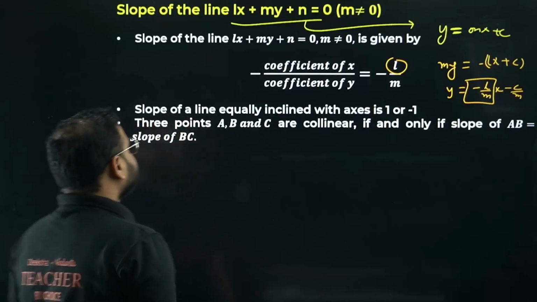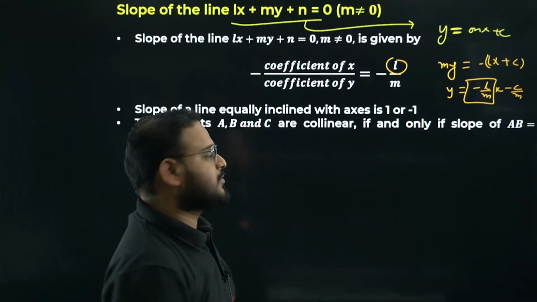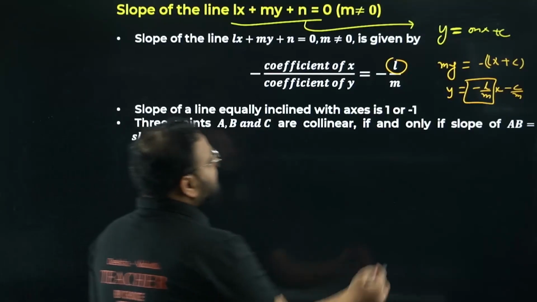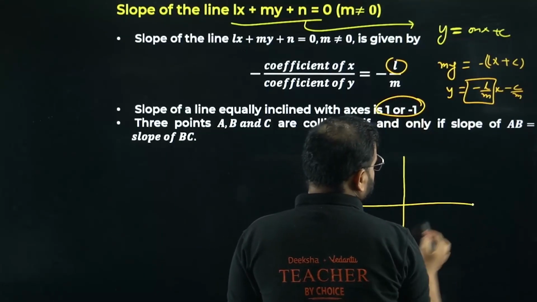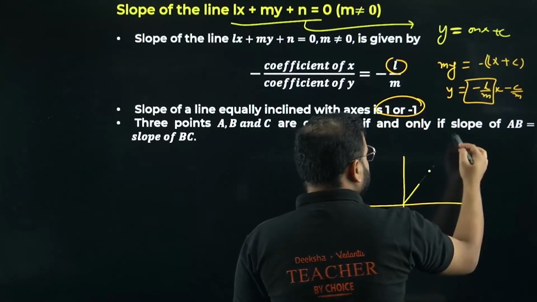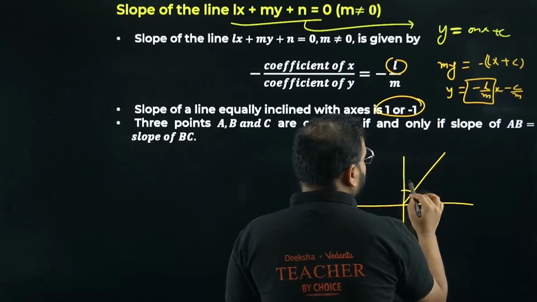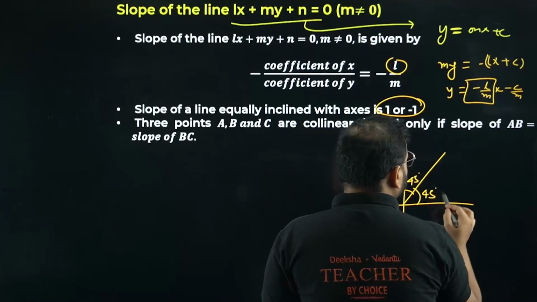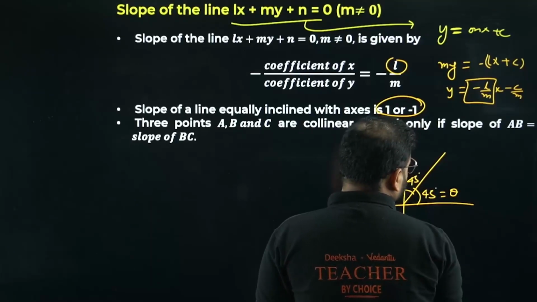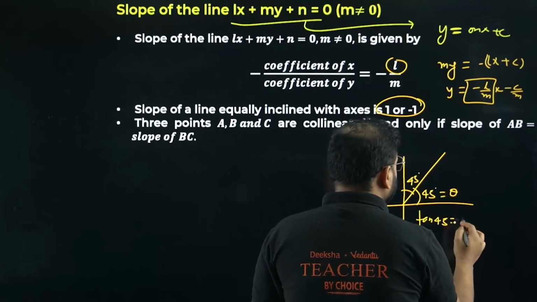The slope of a line equally inclined with the axes is going to be either plus 1 or minus 1. Why? Equally inclined means like this, with both axes. This will be 45 degrees, which is theta over here, and tan 45 is 1.